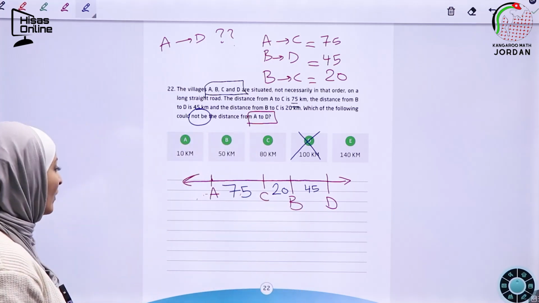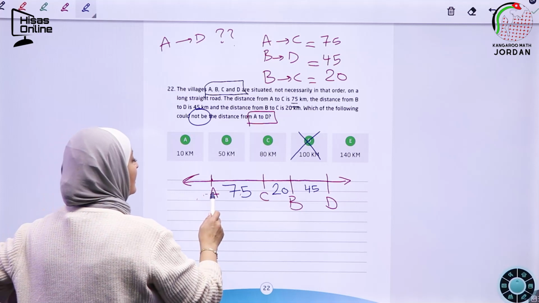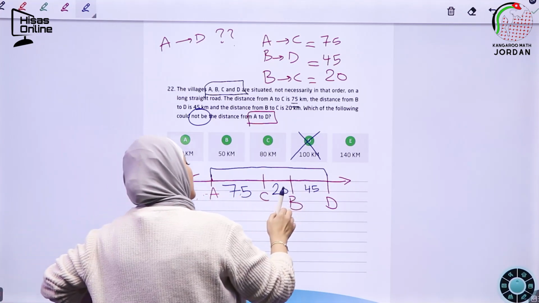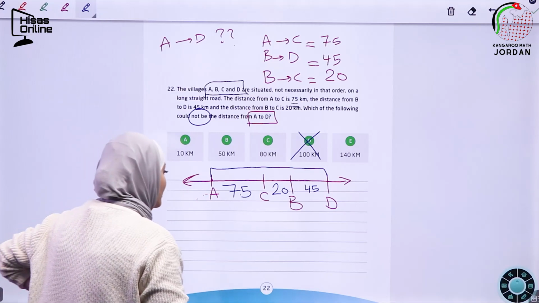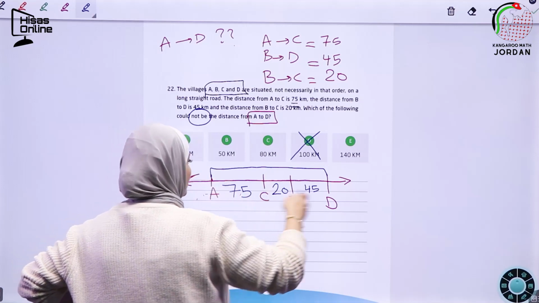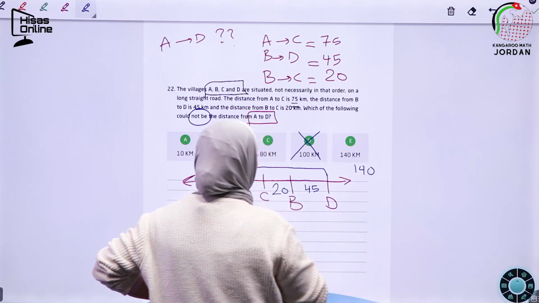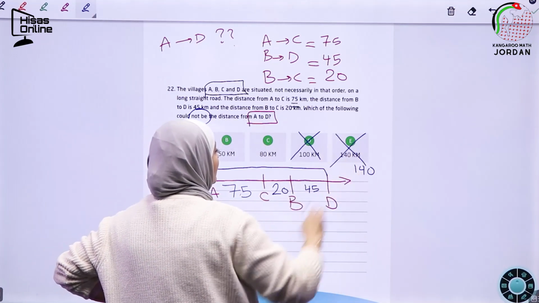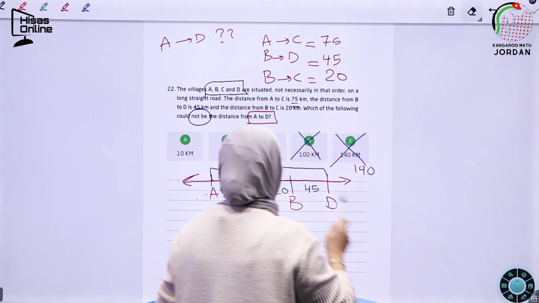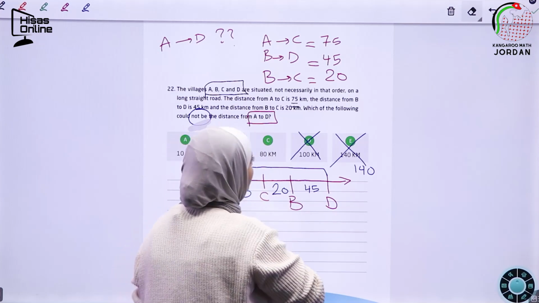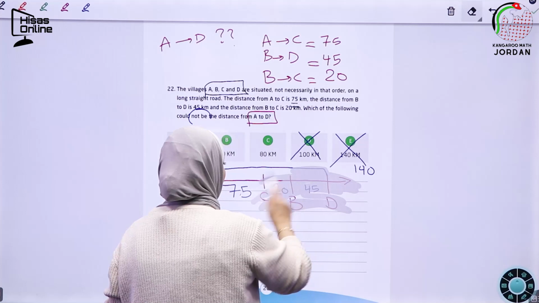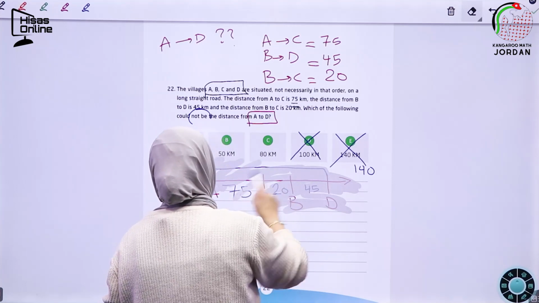Now, what is the distance between A and D? 75 plus 20 is 95, plus 45 is 140. So the distance this time is 140, so I will cross the second option. We'll keep doing this until we find the one.